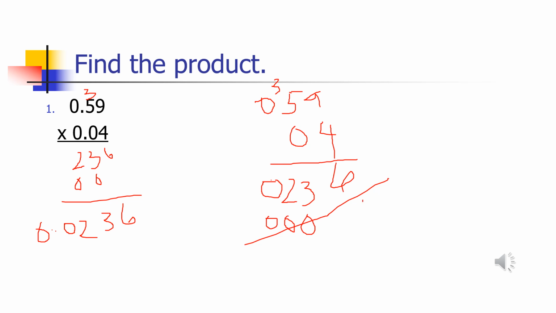We have 6, 3, 2, 0. Since we have 4 decimals, you can put 0 here. If you can do it directly, that's good.